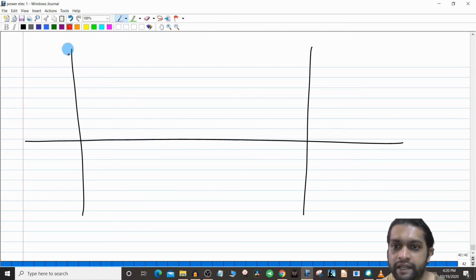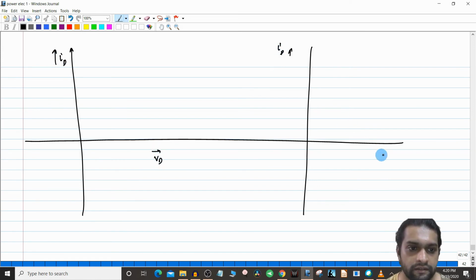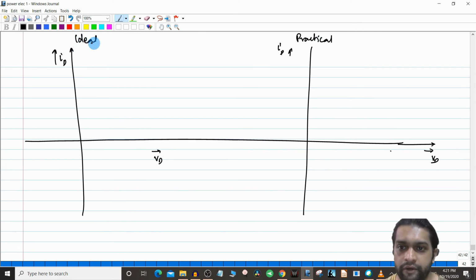So we'll just draw everything very fast. This is Id, this is Vd, Id, and this is Vd. This is for the practical switch, and this is for the ideal diode. You saw that in the ideal case, the characteristic looks like this.